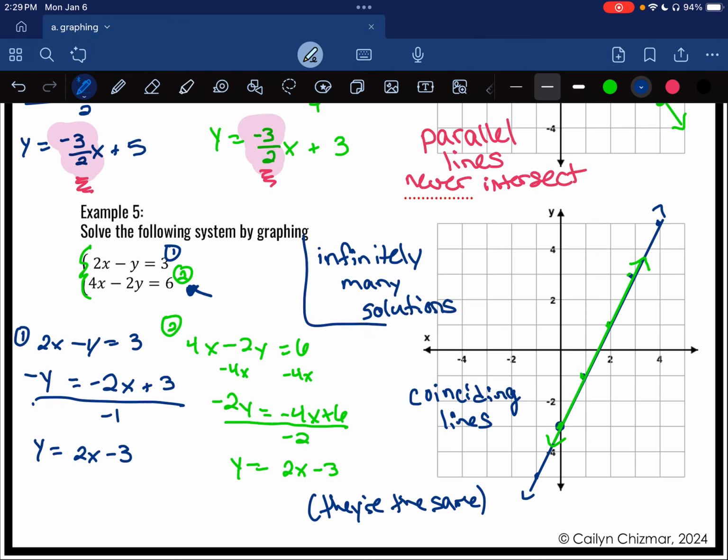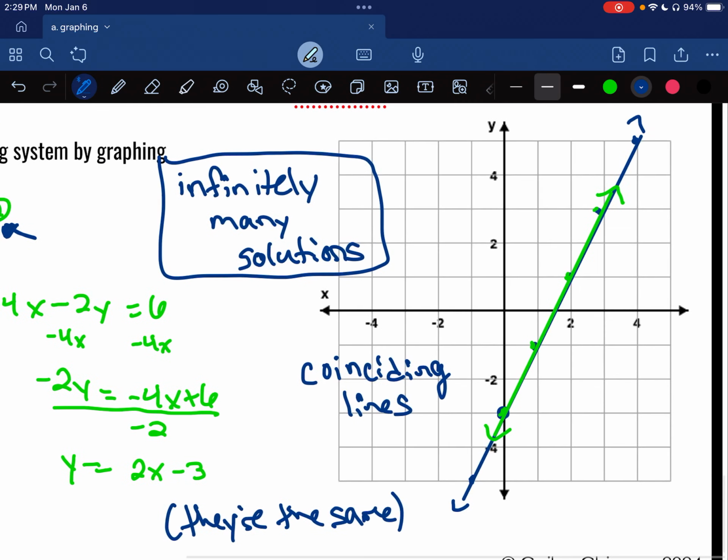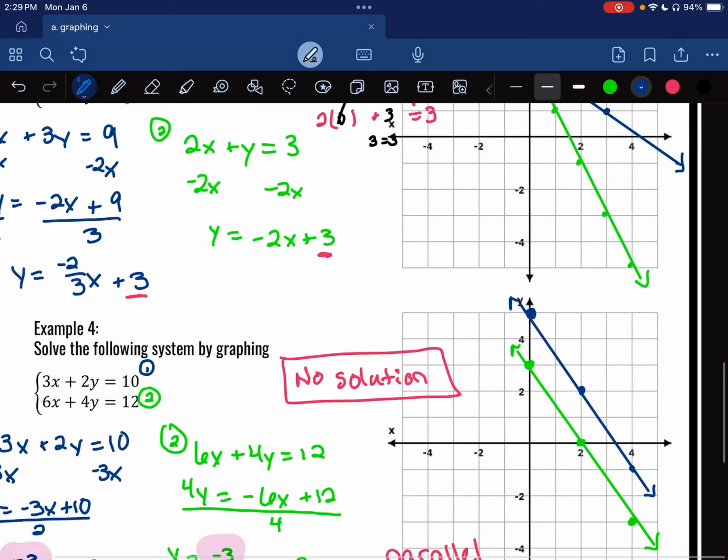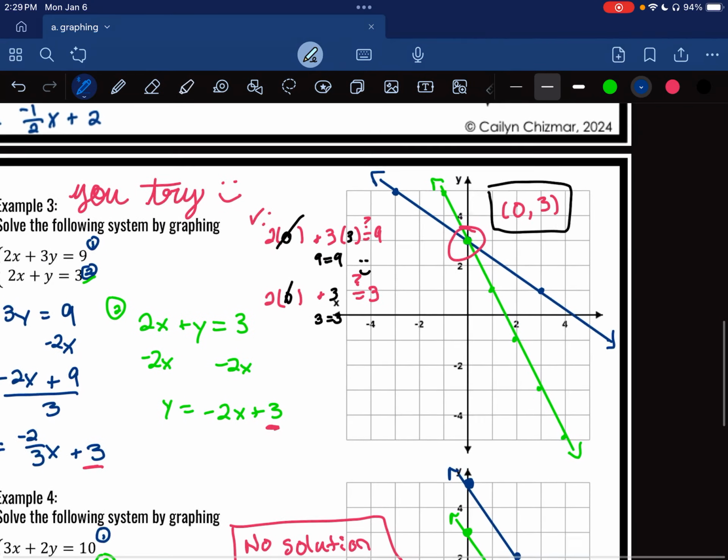And there you have it. So we have seen an example here of a system having infinitely many solutions. We have a system here with no solution, and we've seen systems that had one solution.